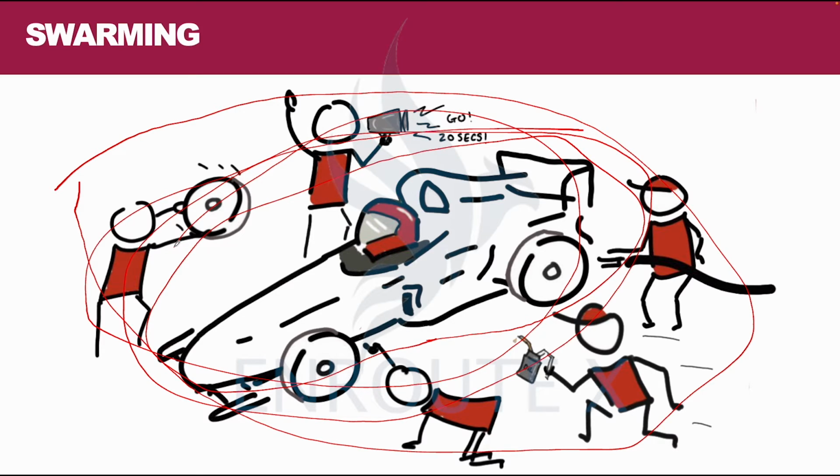The entire team rushes to the car, and each team member carries out different functions together while doing that particular task. So that's what swarming is.